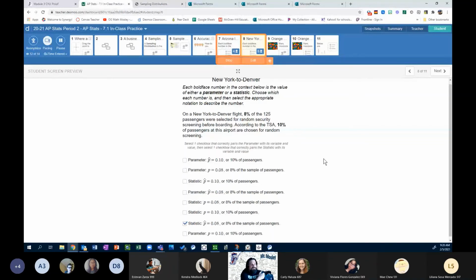The 10% is for the population. That's what it's supposed to be. That's the actual value, right? So we should have parameter p equals 0.10 or 10% of passengers. Because in this case, our population is passengers that go to this airport. I clicked the wrong box. That's the one. All right. Is there anything I can clarify about these two examples?